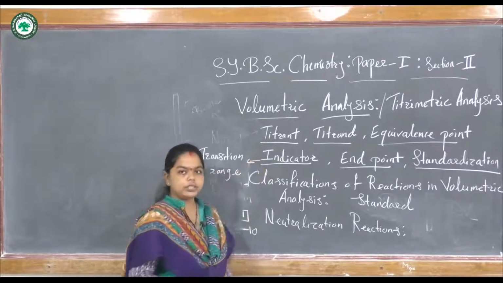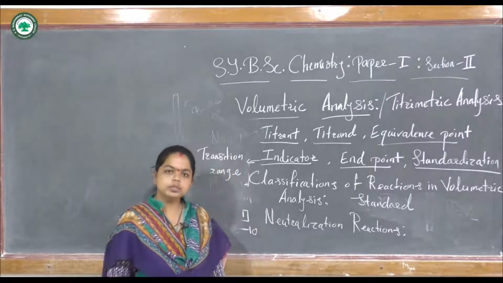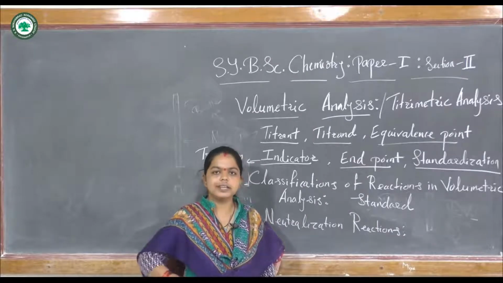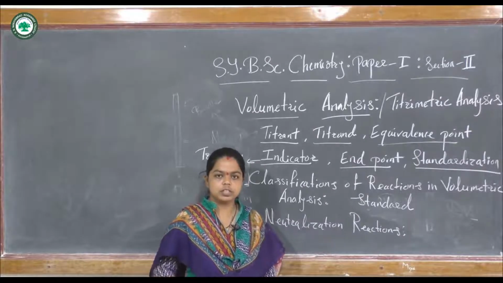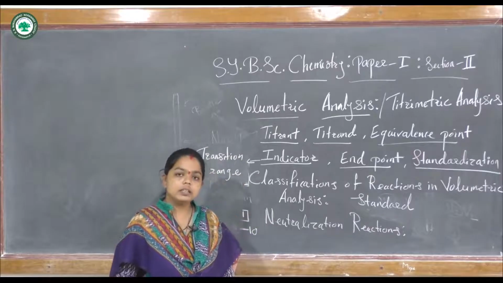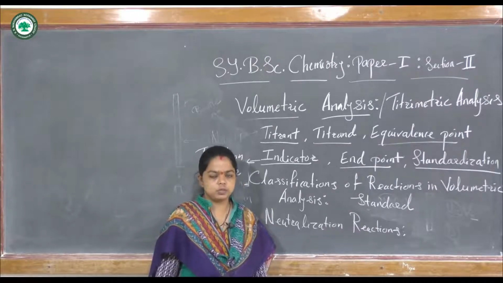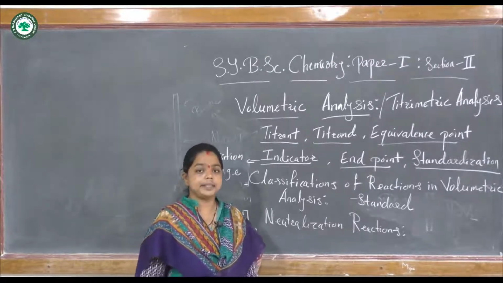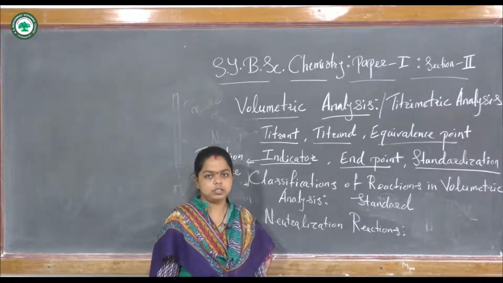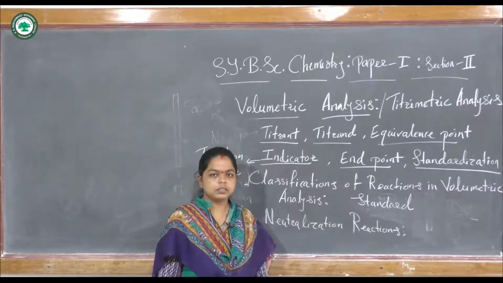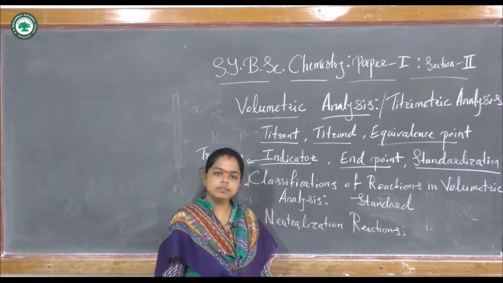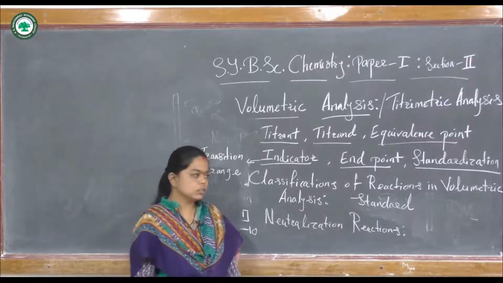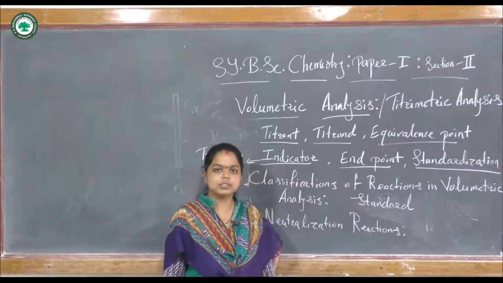According to different types of acids and bases, they will show different types of endpoints which are generated during the titration, and different types of indicators must be used. Because when we consider a strong acid, it should be titrated with strong bases only. A weak acid can be titrated with strong bases, or weak bases can be titrated with strong acids.